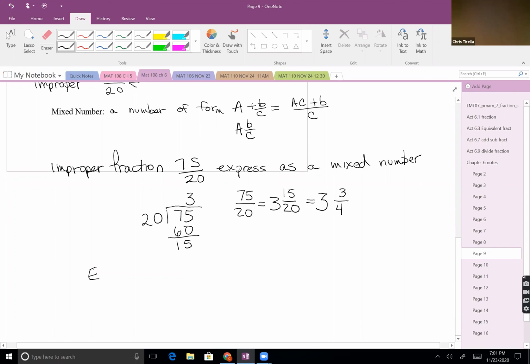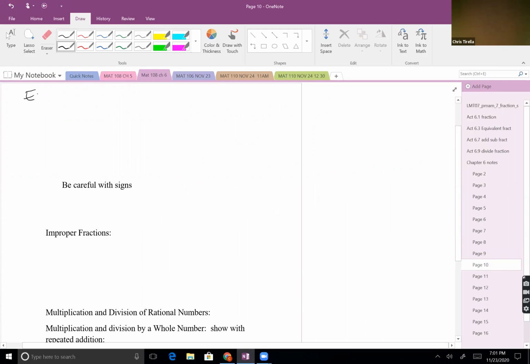And in the same way, I might ask you to express as an improper fraction something like 2 and 3/11.